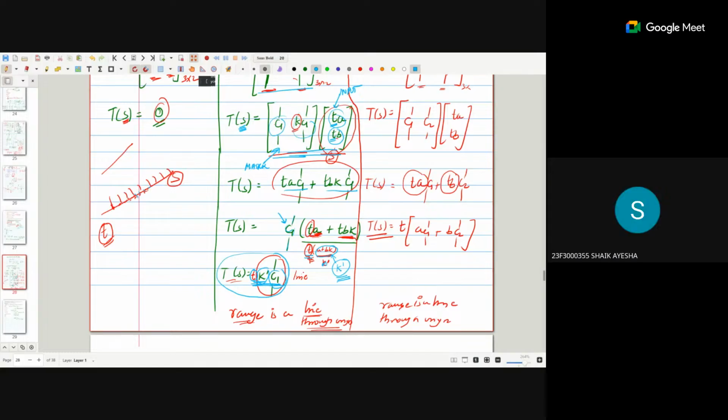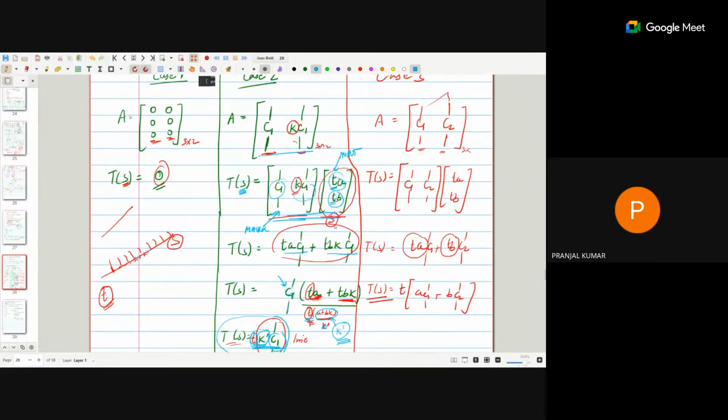Isn't the range a line? If you have a column vector and I scale it, so this tk is acting as a scalar in front of it. So isn't this a line? Yes, sir. Okay, so it is a line.